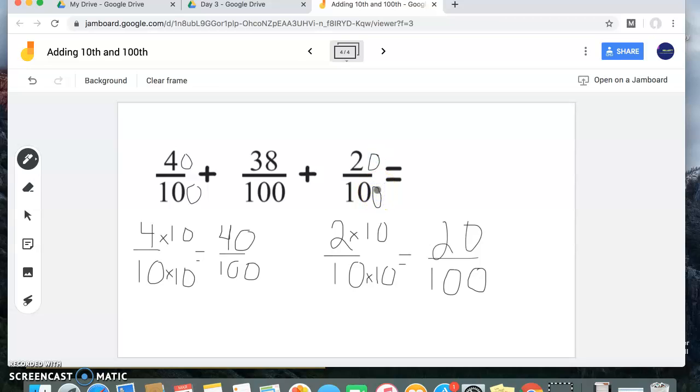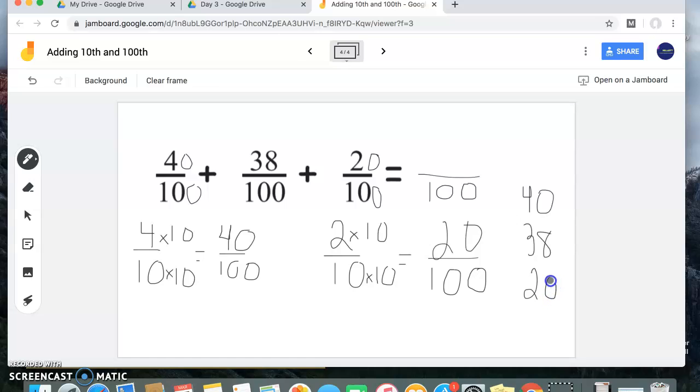And now I can add all three of my fractions together. And since all the denominators are exactly the same, I'm going to keep the denominator of the answer as 100 as well. So now I can simply add 40 plus 38 plus 20.